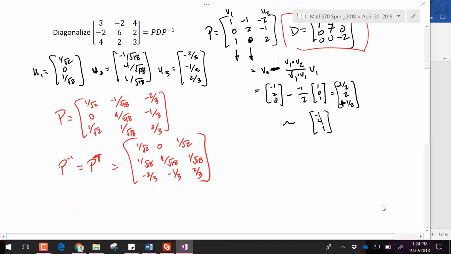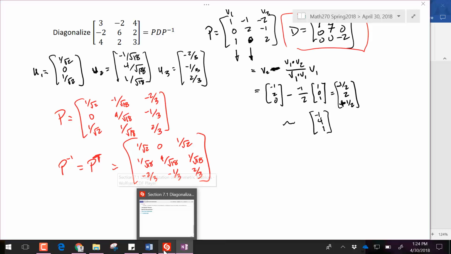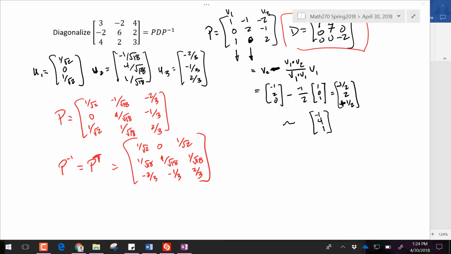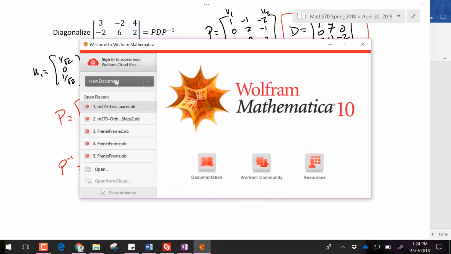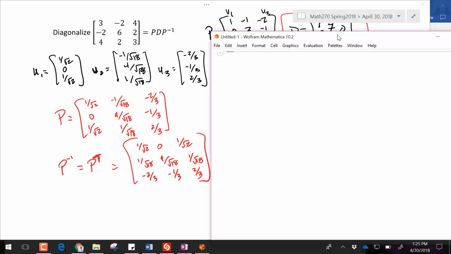Should we multiply it? Kind of afraid to. What if it's wrong? Oh, I know what. We'll use Mathematica. Sometimes I forget. All right, so we'll let P equal 1 over square root of 2.